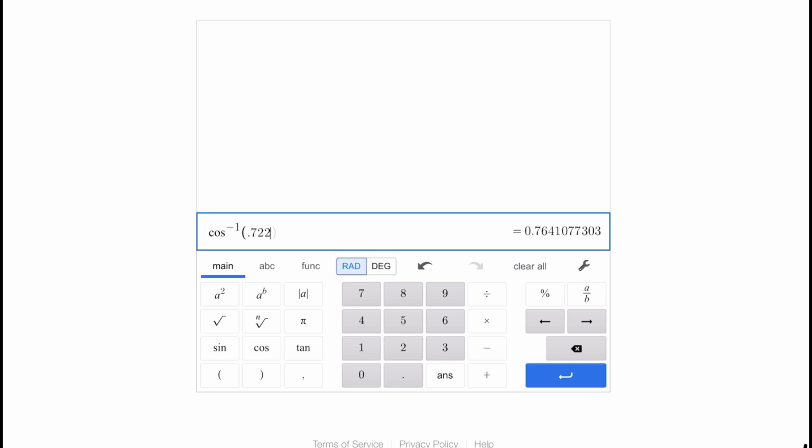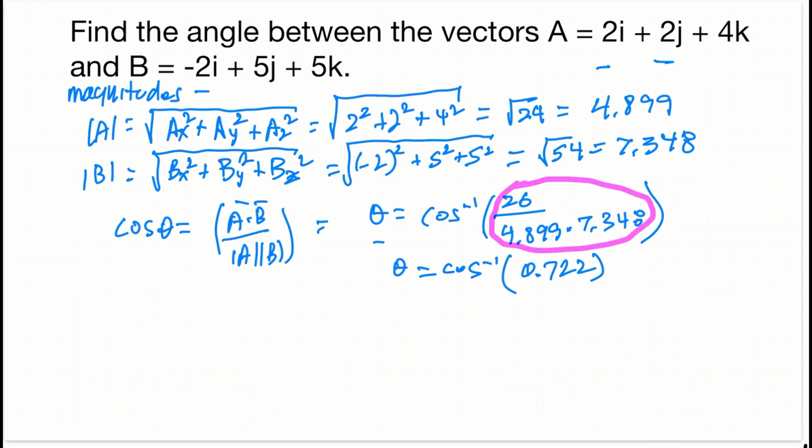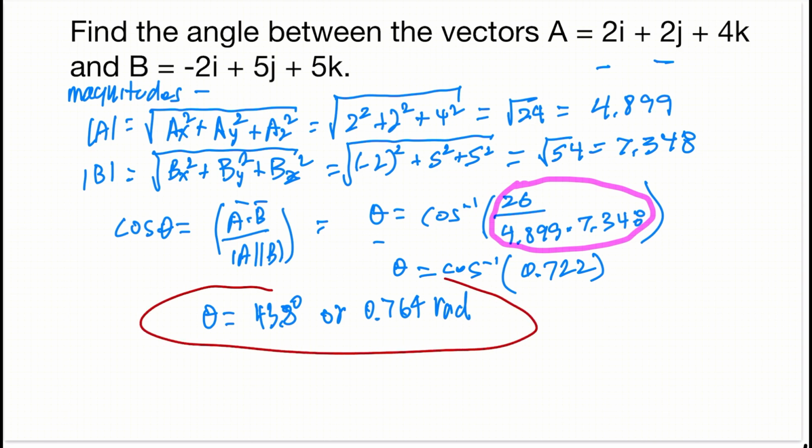If we want to switch to radians, it gives us 0.764 radians. So now let's go back to our problem. From our Desmos calculator, theta is equal to 43.8 degrees, or 0.764 radians. That is the answer to our problem. They wanted to know the angle between the two vectors, and that is the angle between the two vectors.